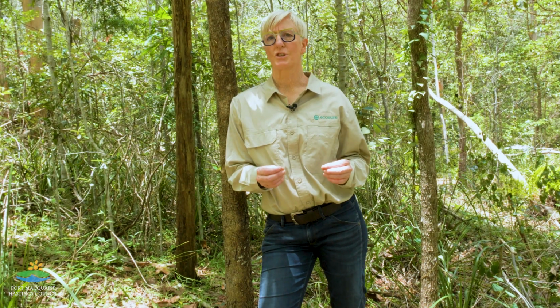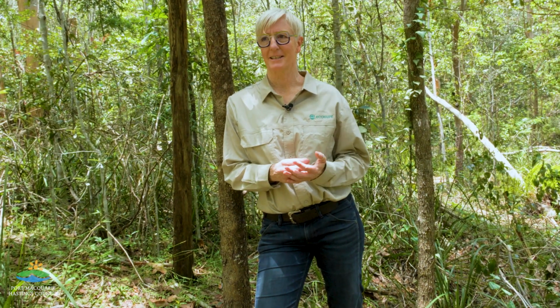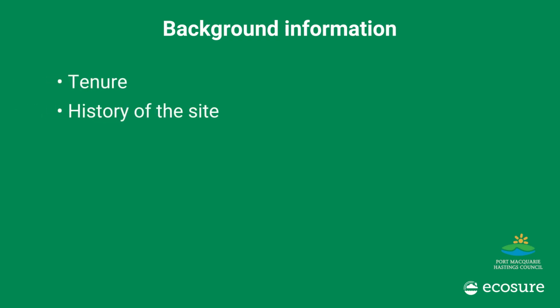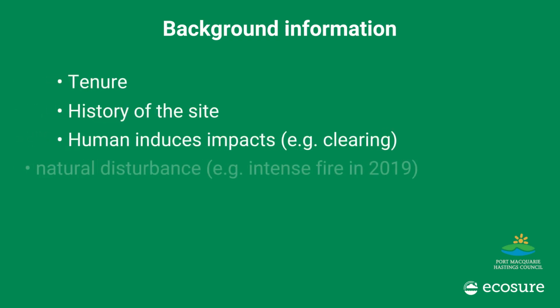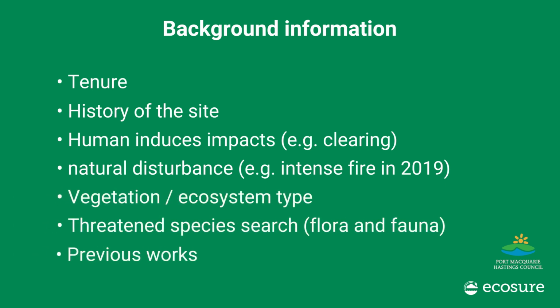Before we get into the bush and start our physical assessment of what's going on, it's a really good idea to do a bit of a background assessment. A bit of a desktop analysis. So it might be that you can look up the mapping for the site, understand the tenure, who owns the site, some of its history might be able to be found out on the internet, all sorts of information.